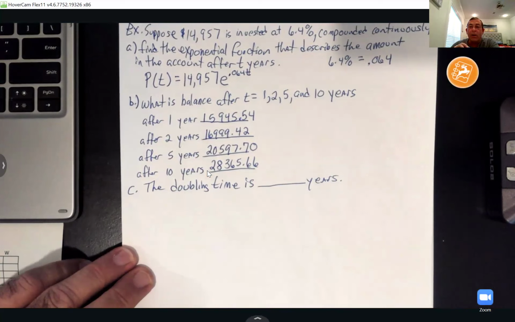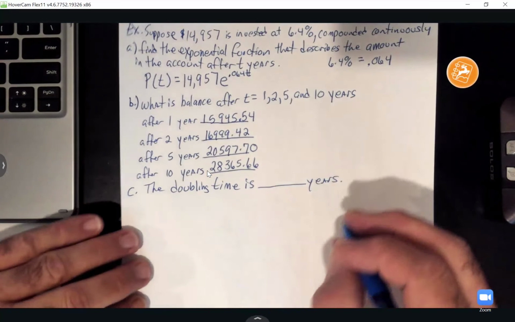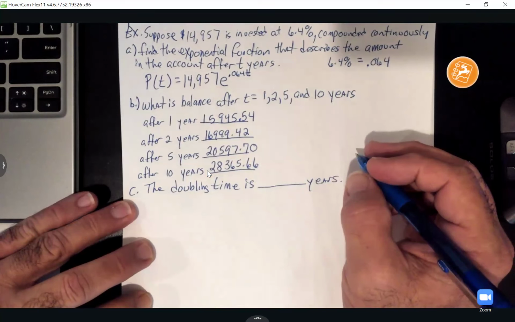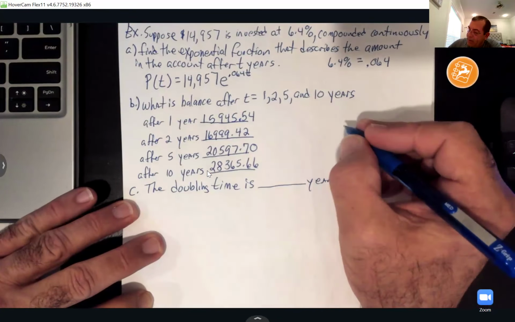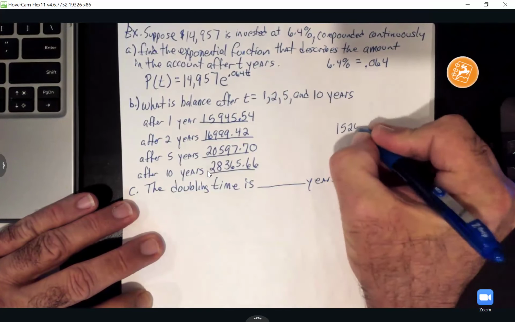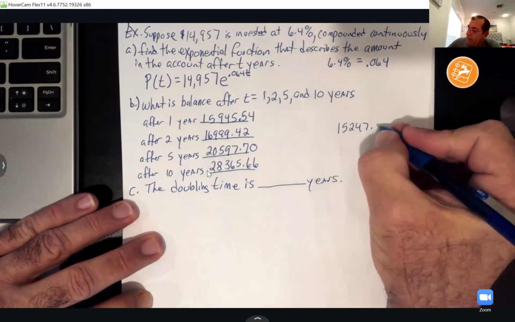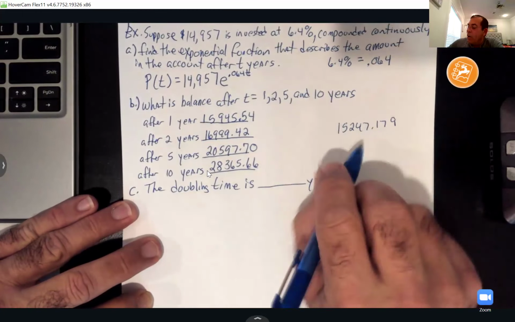I have a question real quick. Okay, what was that? I have a number that will round to 10. Like it's a 9, but it's got an 8 next to it. So do I put a 0? I can't put a 10, can I? No. What's your number actually? It's 15247.17935. Well, you got enough.